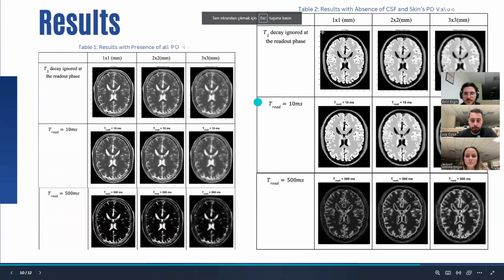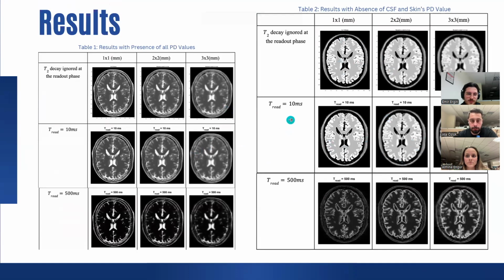Here are the significant results we chose to demonstrate. The first table represents 10 milliseconds and 500 milliseconds as extreme cases, and also the case where T2 decay at readout duration is ignored.